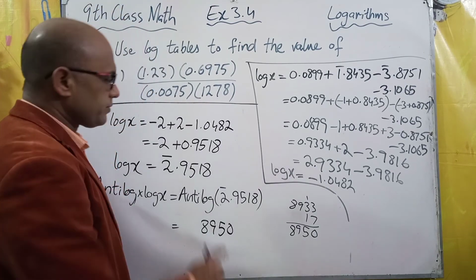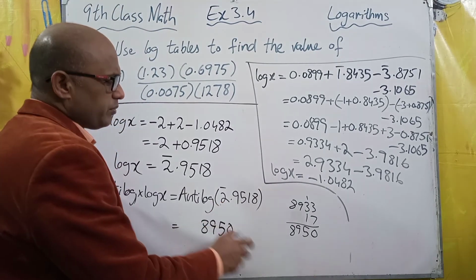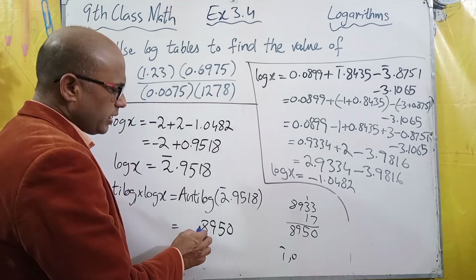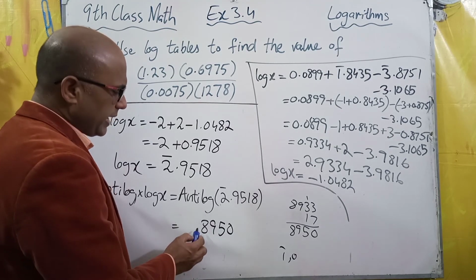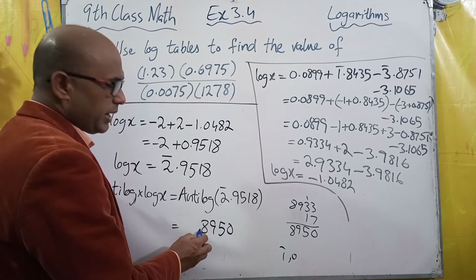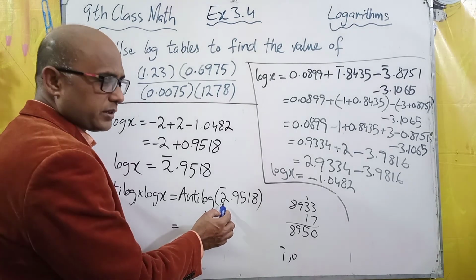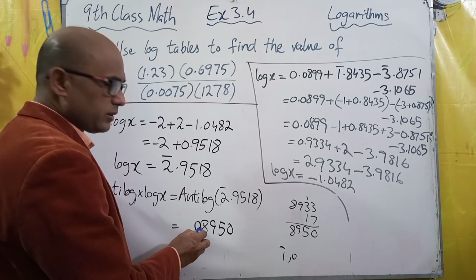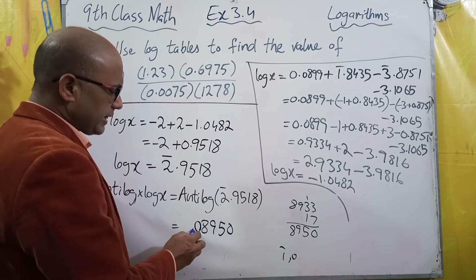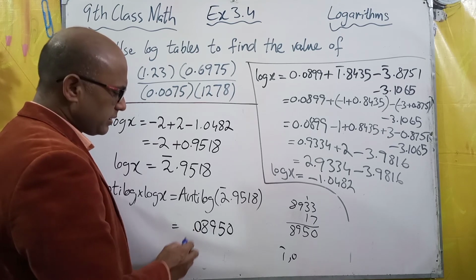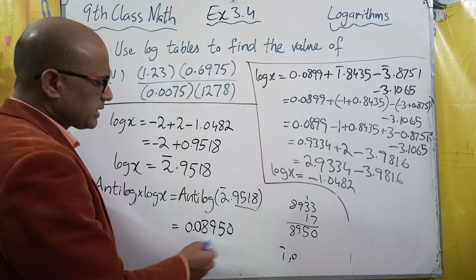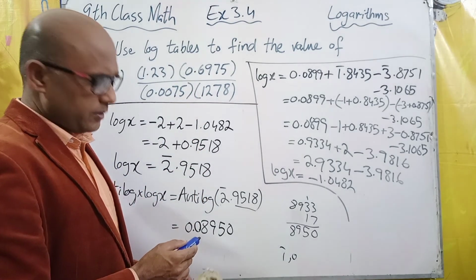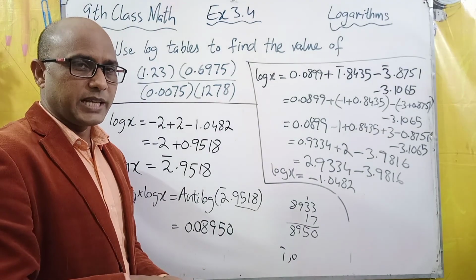But if we come backward, before 0 it is -1. If the characteristic is -1, we put the point before 8. But here we have -2 characteristic, so we'll put a 0 before that number, and then we put a decimal. So this is how to find the value of a complex fraction by using logarithmic tables.